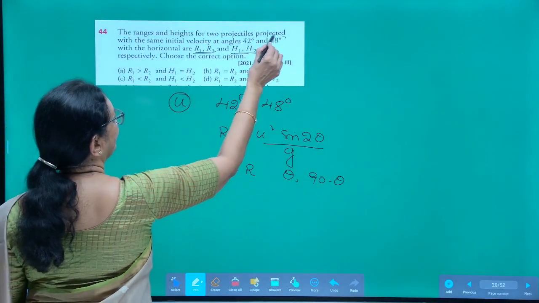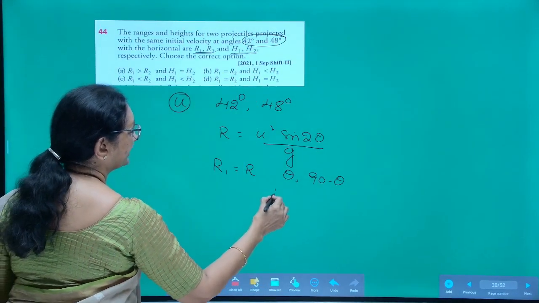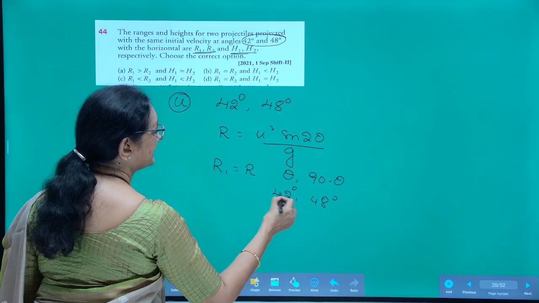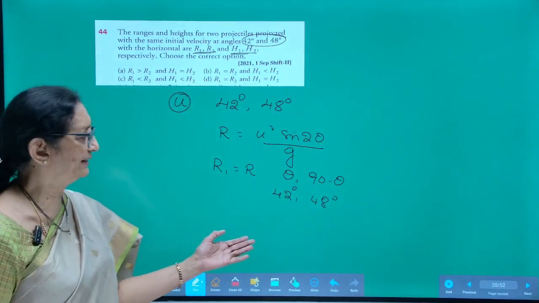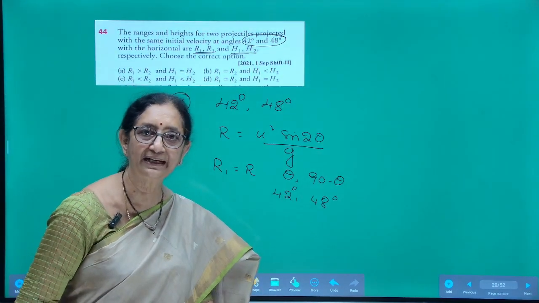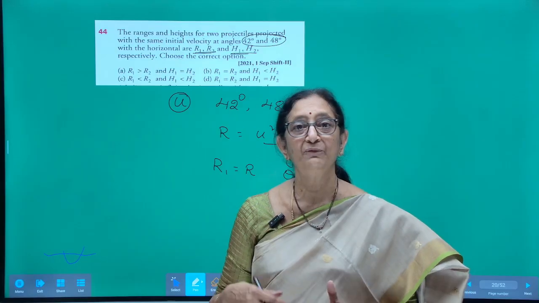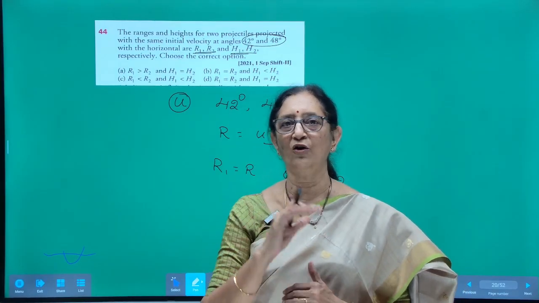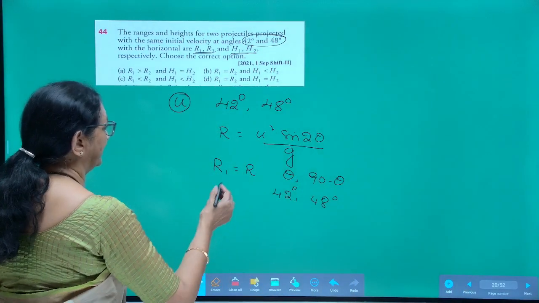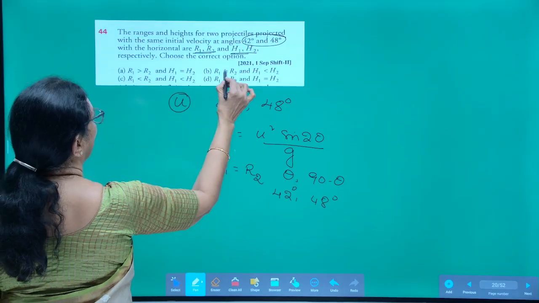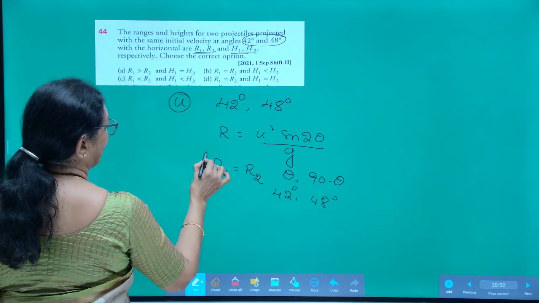The angles are 42 degrees and 48 degrees. The sum of these two angles is 90 degrees, so they are complementary angles. When two projectiles are projected with the same velocity at complementary angles of projection, ranges are equal. See here, ranges are equal in this case.